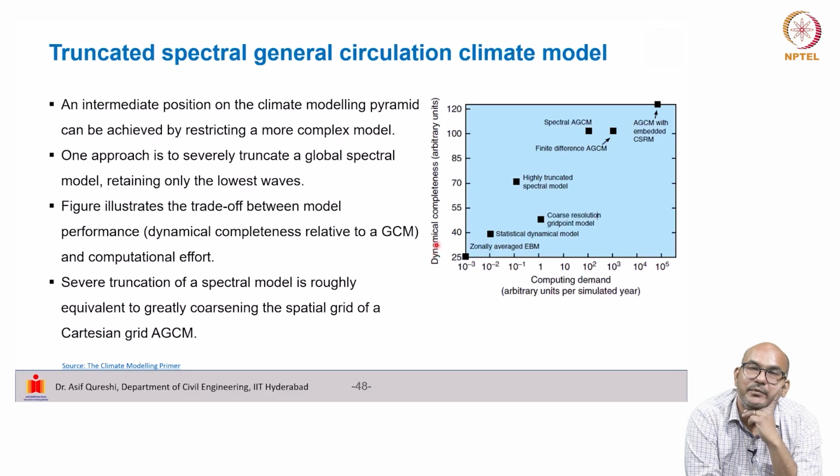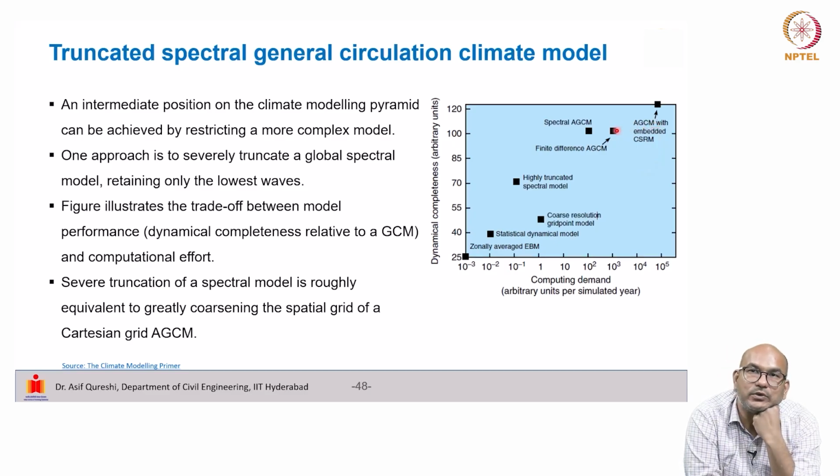This is the dynamical completeness of the model. Here we have the AGCM, embedded with all kinds of models, which have very high completeness in terms of description, but the computing demand is very high, let us say of the order of 10 to the 5 per simulated year. So, we have to wait forever for these kinds of models to run.